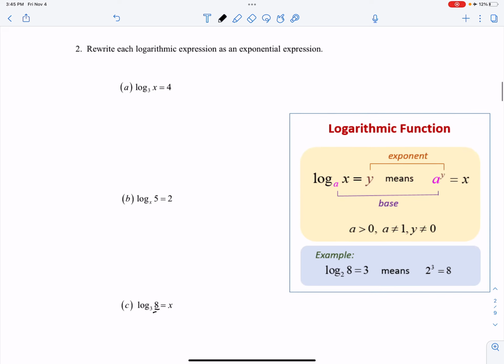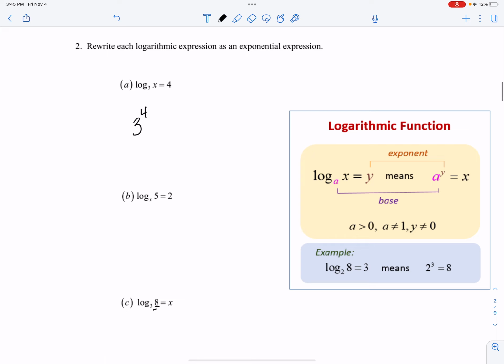Now, let's go the other way. Let's turn logs back into exponential form. If we have log base 3 of x equals 4, well, in exponential form, we would take our base. So 3 is our base, and our log equals 4. So that's our exponent. X is inside of our log.